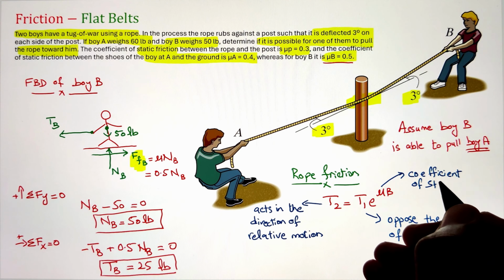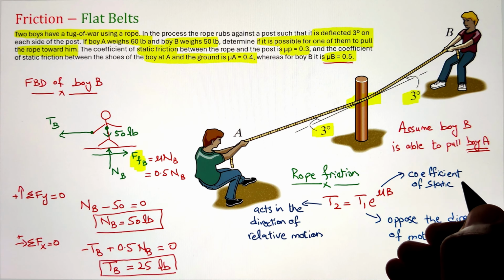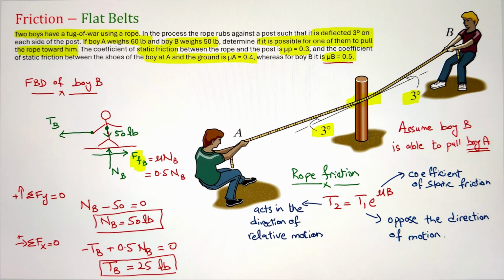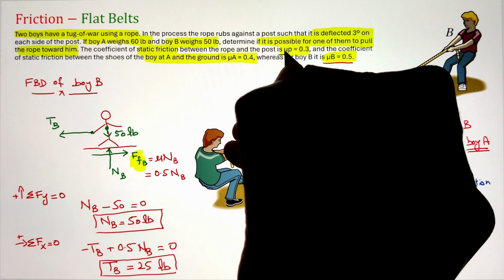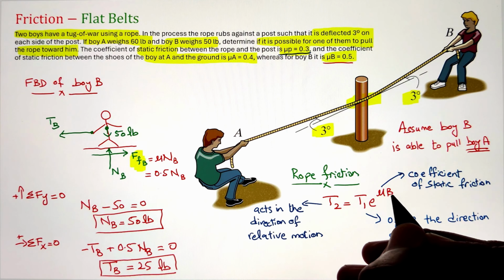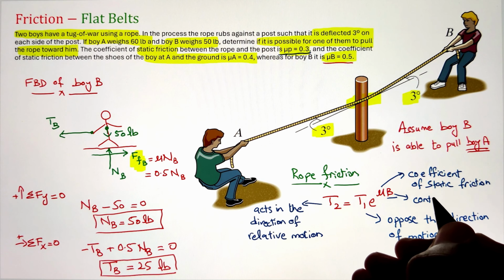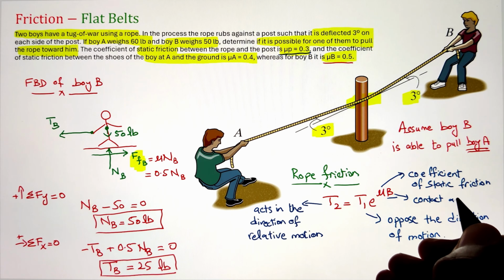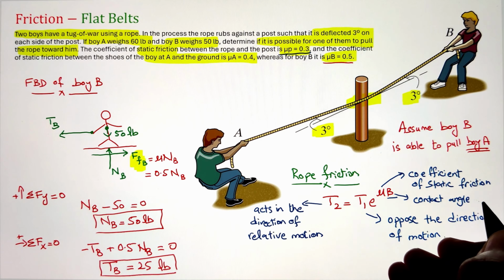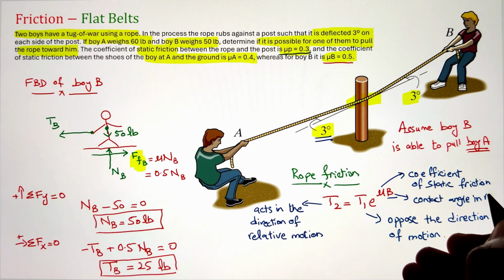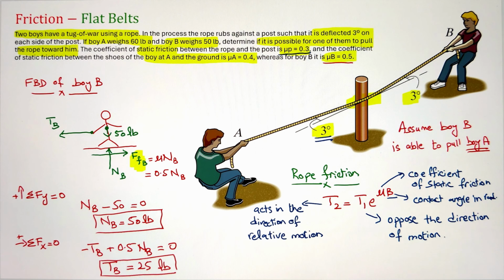In the problem, we are given that the deflection of 3 degrees is happening on each side of the post. So the value of beta will be the sum of both these 3 degrees, so the total value will be 6 degrees. However, we have to keep in mind that the value of beta is represented in radians.